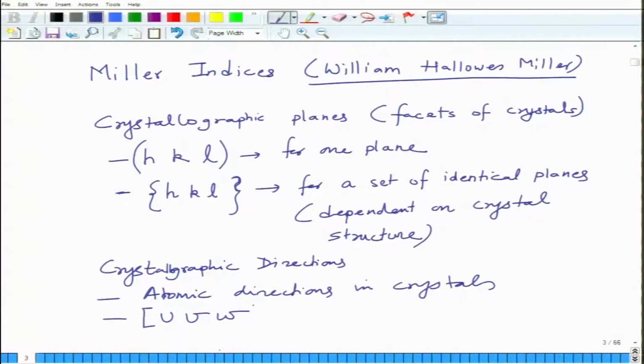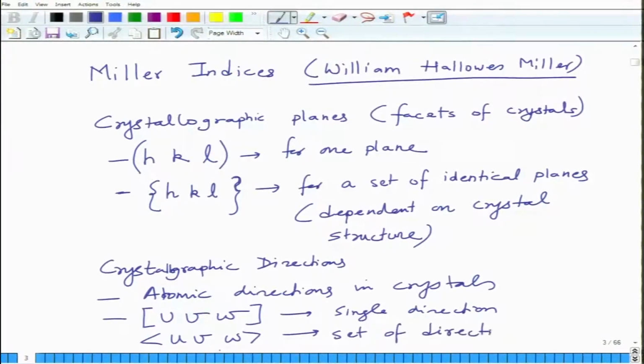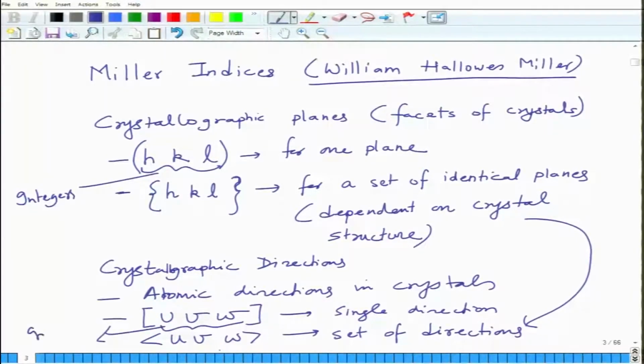So, u, v and w in this bracket is a single direction, and if you write in this other fashion, then it is a set of directions, and again just like planes, it is dependent upon the crystal structure. And here h, k, l and u, v, w are all integers.